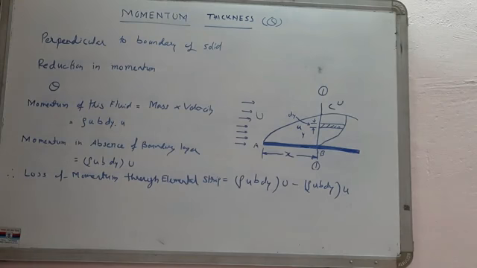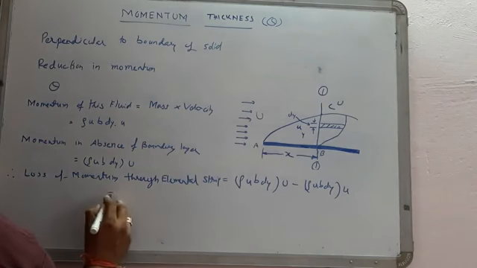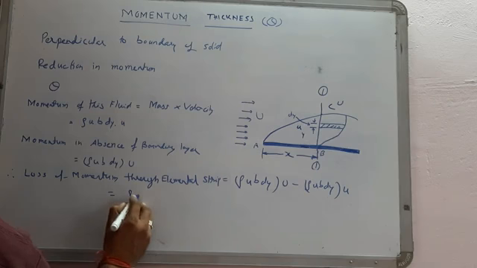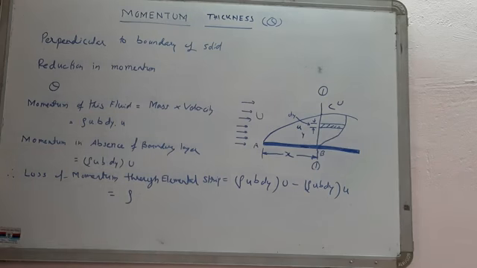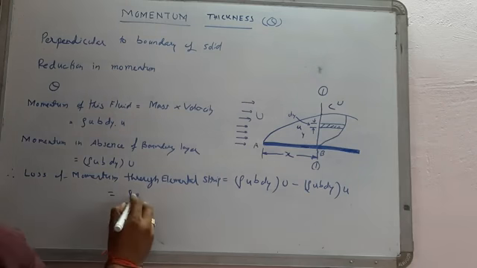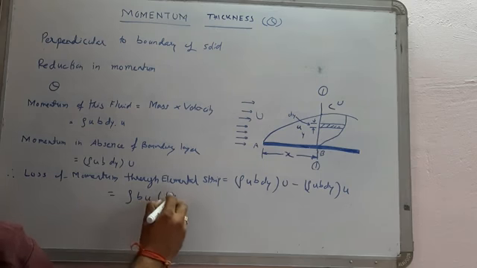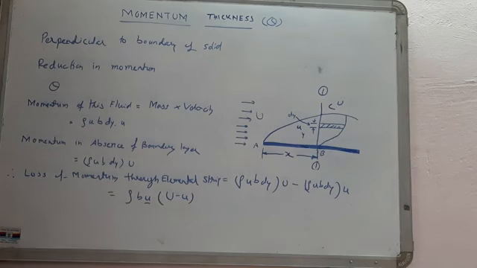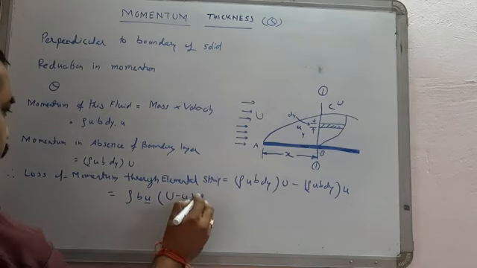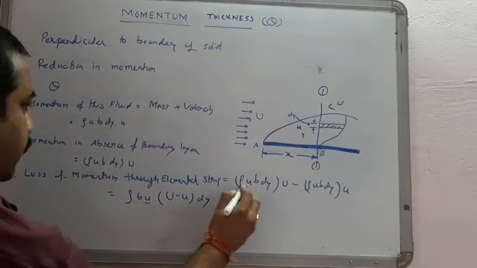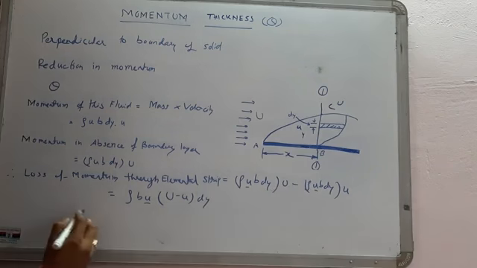Now that is equal to rho b u into (U minus small u) dy. This one is small u.